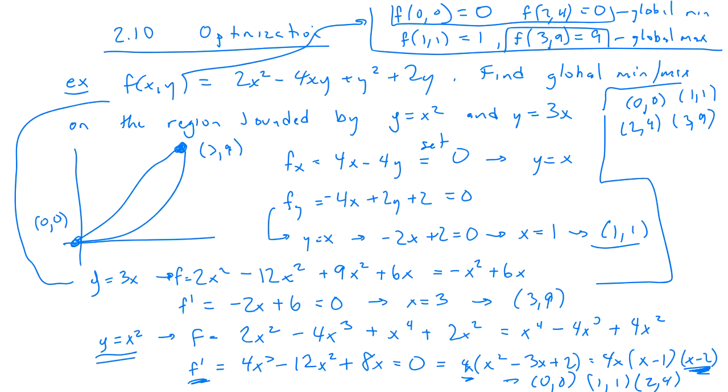So 1, 1 is nothing. If the first derivative was 0, then maybe it would be the equivalent of an inflection point, but here it's just, yeah. Okay, so this is messy, but here is the setup for the full 2.10.